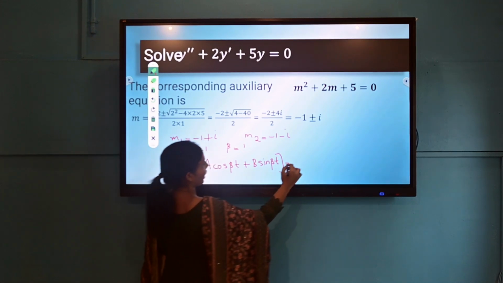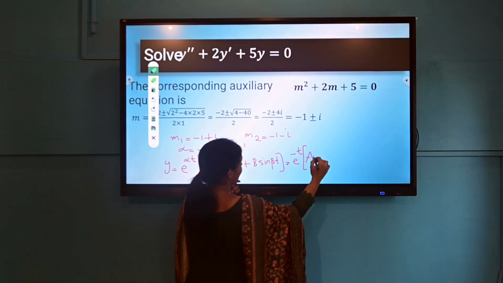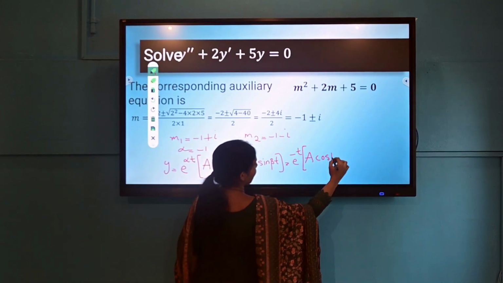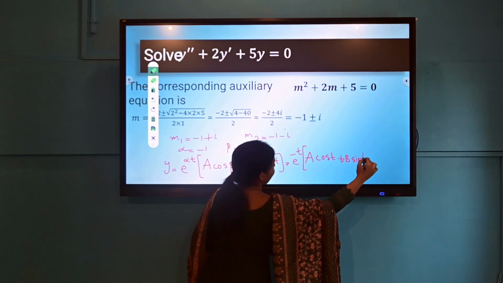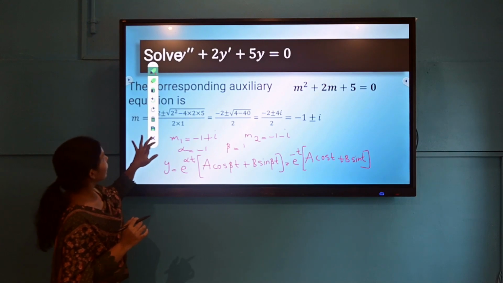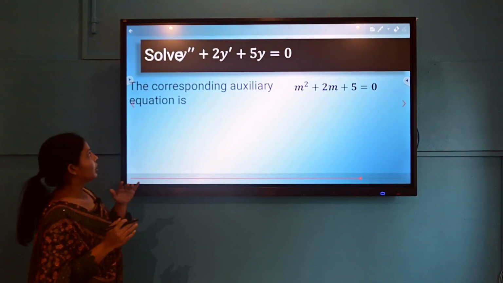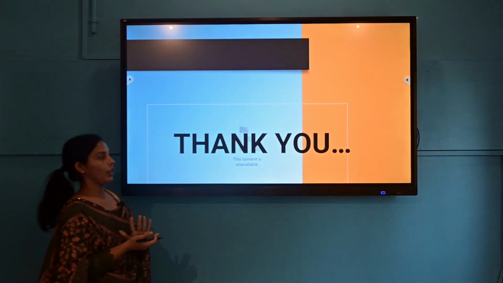Here alpha is minus 1, so e raised to minus t into, and beta is 1, a cos t plus b sin t. This is the solution of this differential equation. So this is all about solving a second order linear differential equation with constant coefficient. Thank you.